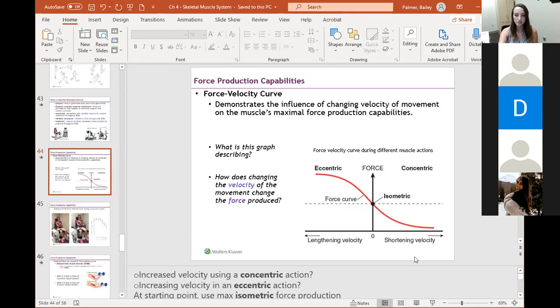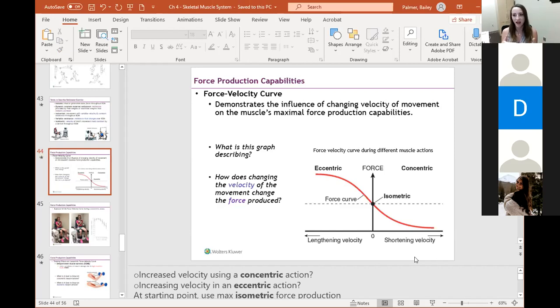This shows that the velocity is increasing during a concentric movement. The force is going to be lower the faster the velocity becomes. One of the main reasons is there's not enough time to recruit a substantial amount of motor units when the velocity is so fast. There's just not enough time.